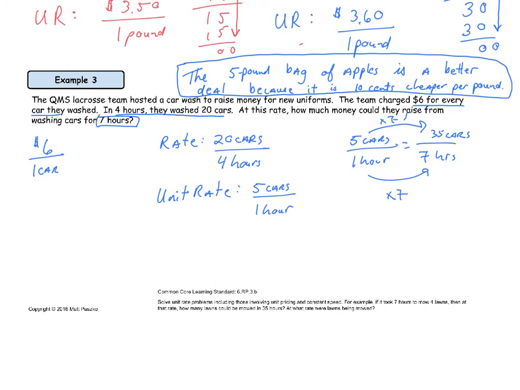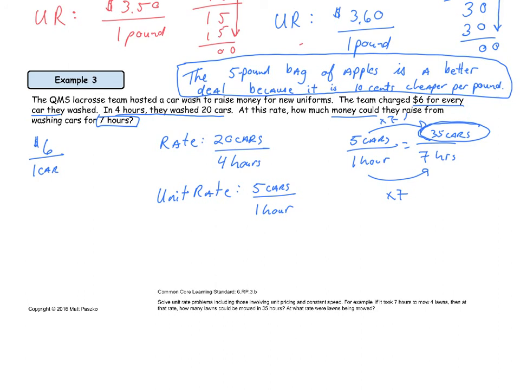Now, if you were to look at this question one more time, 35 cars is not our answer. The question says, at this rate, how much money could they raise from washing cars for 7 hours? So we have to multiply the total number of cars, 35, times however much they charge per car.